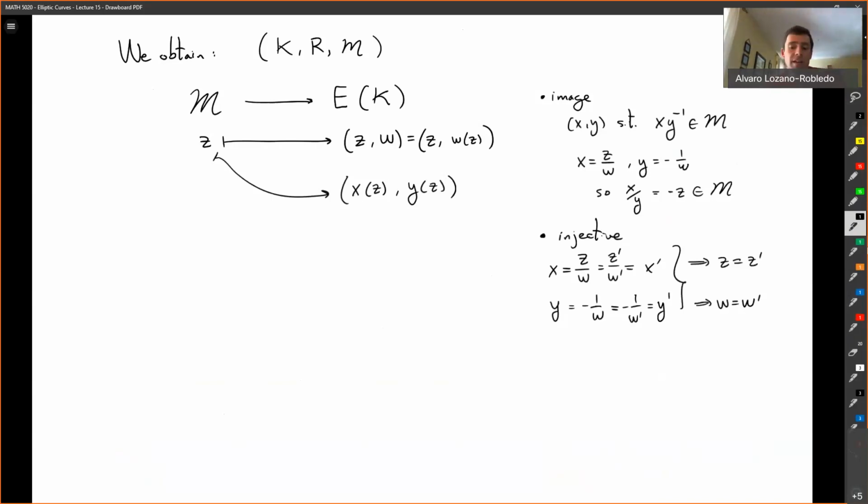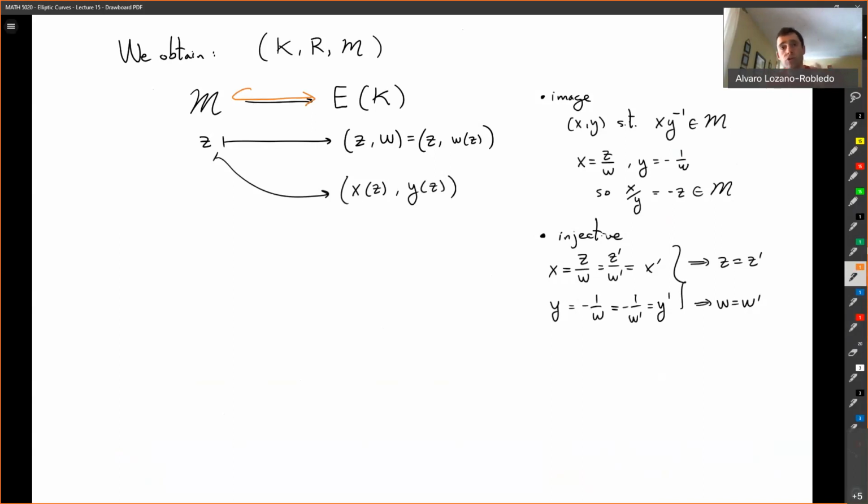Okay, so it's the same value of Z. So this is actually injective. So I get an injection of the maximal ideal into the points of the elliptic curve over K, over this local field.